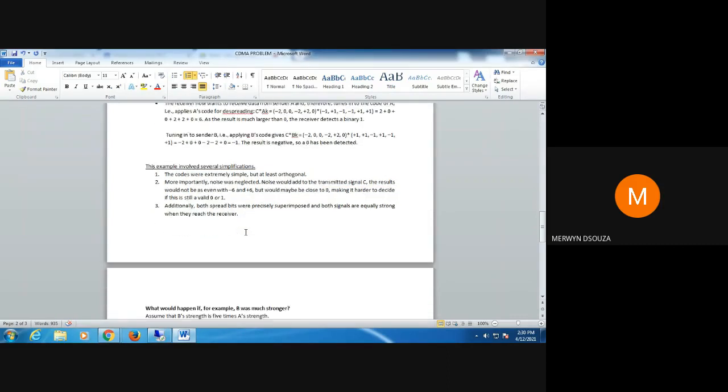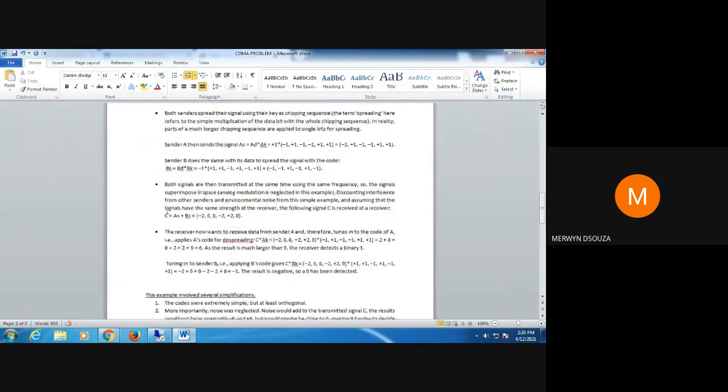Then we decided that when we superimpose the signal of A and the signal of B, we get signal C. When superimposing the signals, we decided that the strength of both signals is the same, received at the receiver with the same strength.